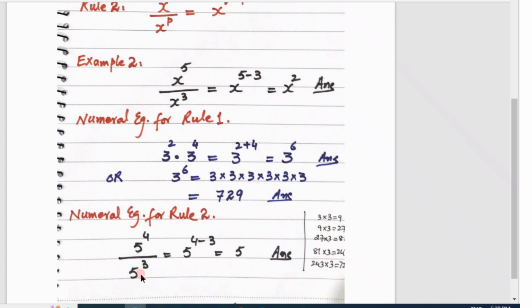So always try to shift the lower exponential term up. So you will get 5 raised to power 4 minus 3, which is equal to 5 raised to power 1. 1 is not usually written because it is understood that when it is not written over here, 5 has the power 1. So that would be your answer.